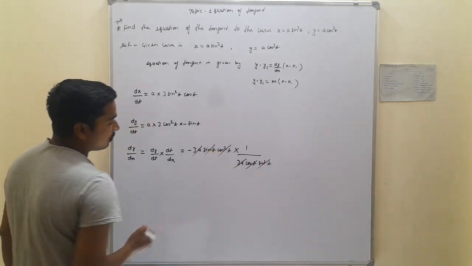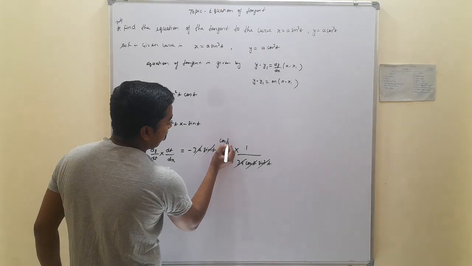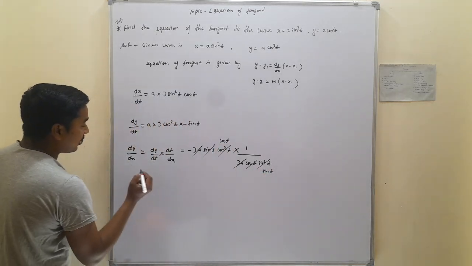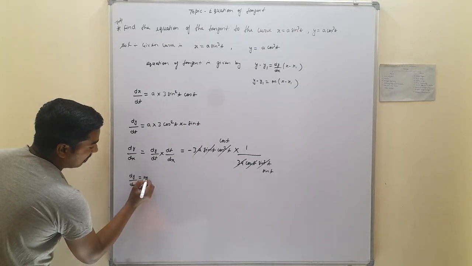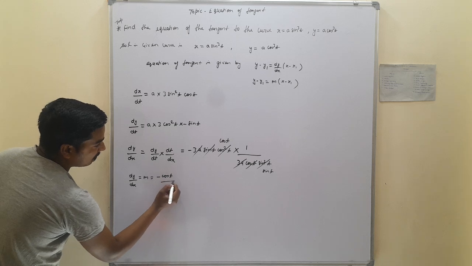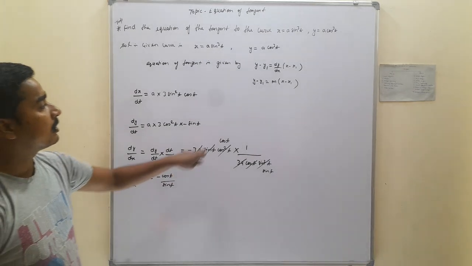The remaining numerator is cos t and the denominator is sin t. So dy upon dx, which is m, equals minus cos t upon sin t, and further we have to find the equation of the tangent.